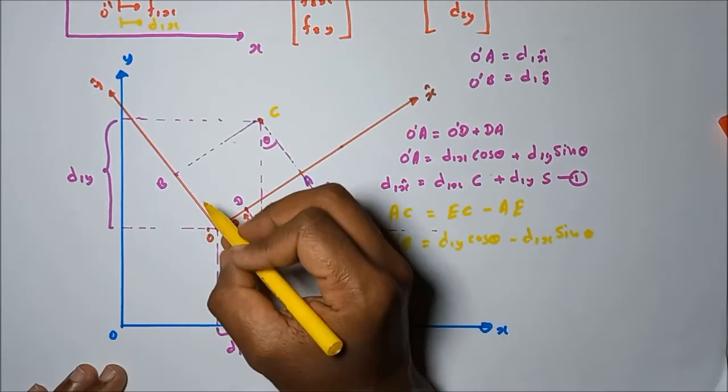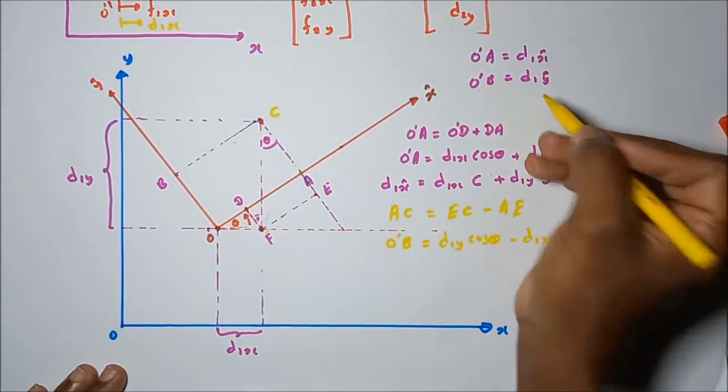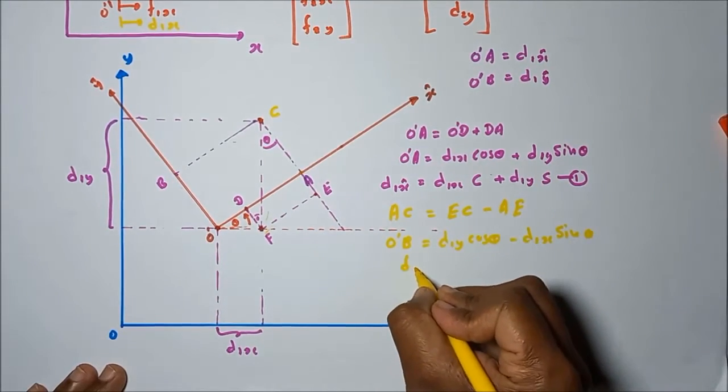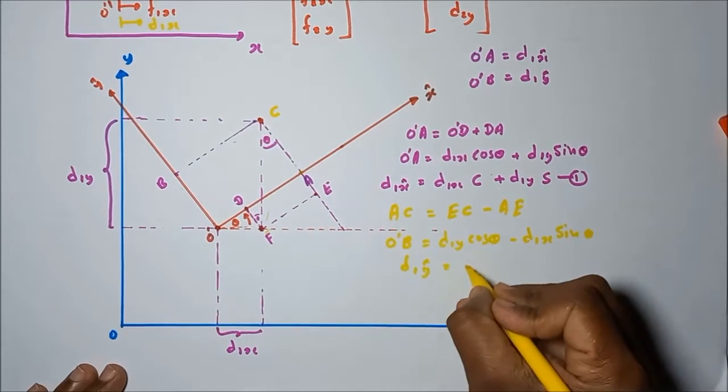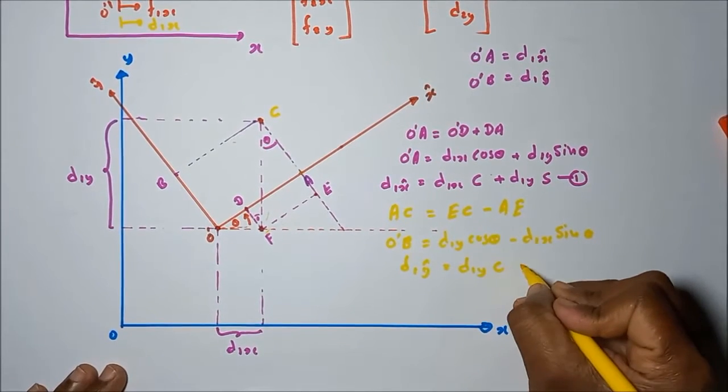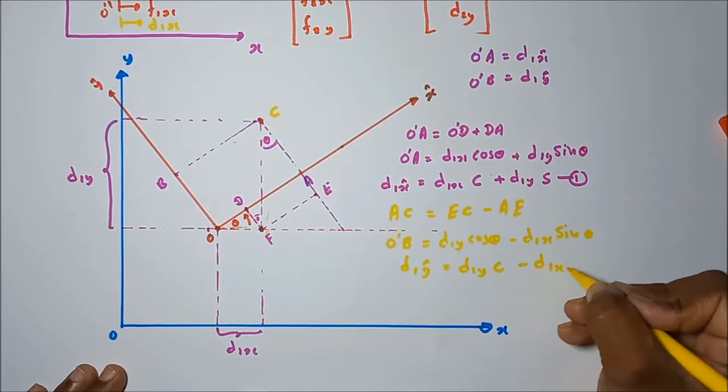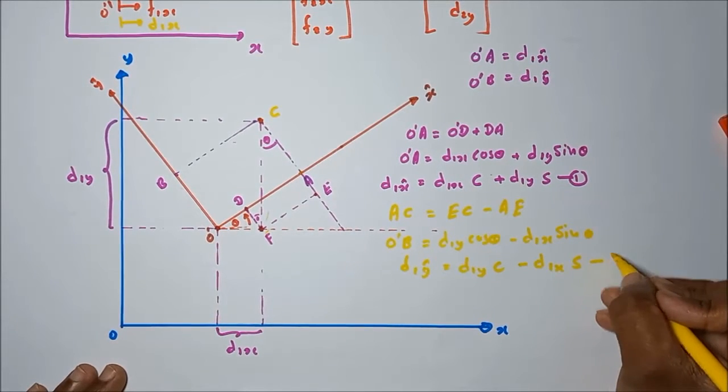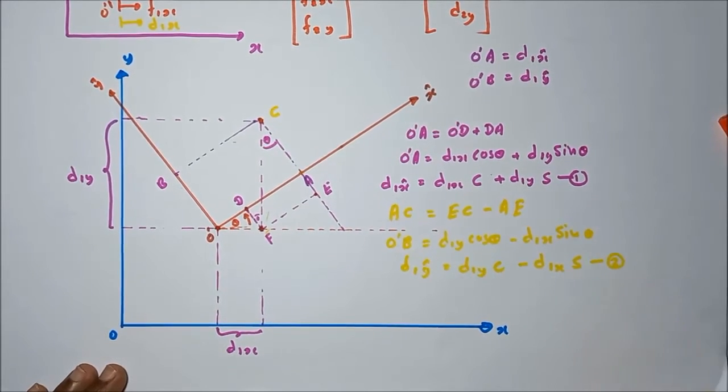So O dash B, which is d1 y hat, is equal to d1y C minus d1x S. Let's take this as equation 2.